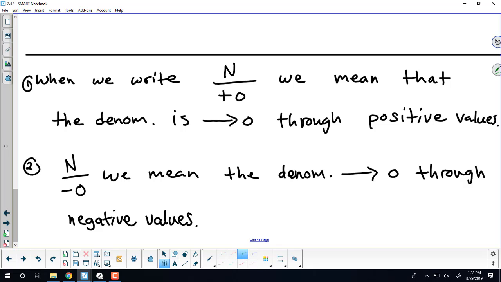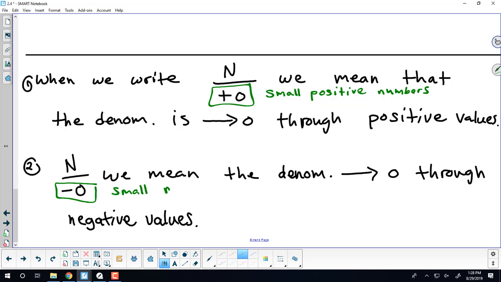In other words, these are just small positive numbers. If you want to write all of that out, I'm totally fine with that too. And here's small negative numbers. Just so there's not any confusion on this weird notation we're using.